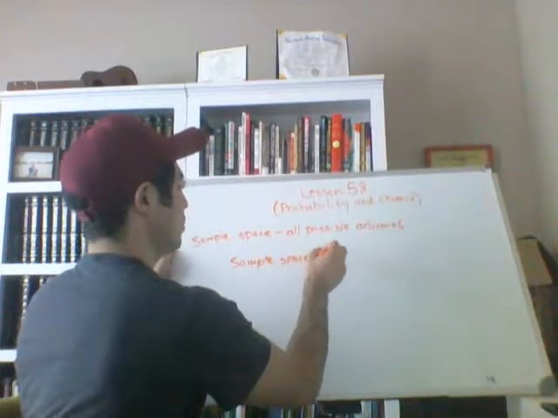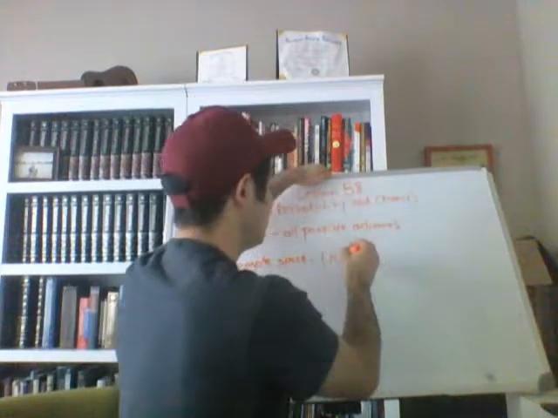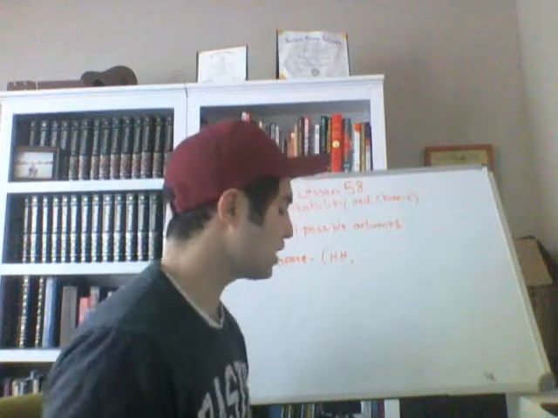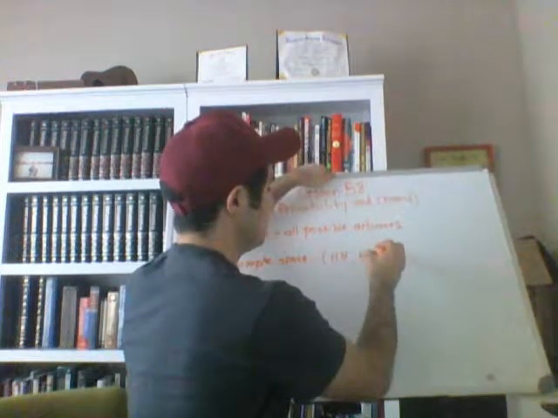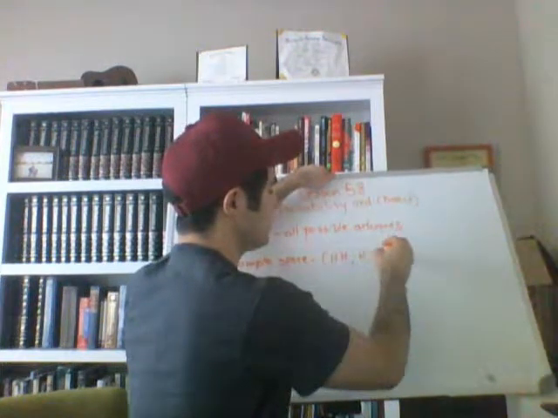2 quarters, one of them could be heads and the other one could be heads. You could get 2 George Washingtons looking up at you. Or you could flip a head. One quarter lands on heads and the other lands on tails.